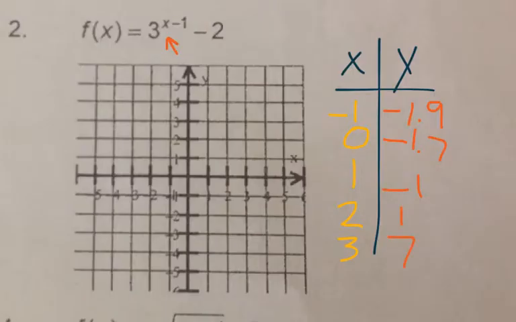So 3 is 7. Now it's just a matter of plotting the points. -1 is -1.9. 0 is -1.7. 1 is -1. 2 is +1. And 3 is +7 way up here.